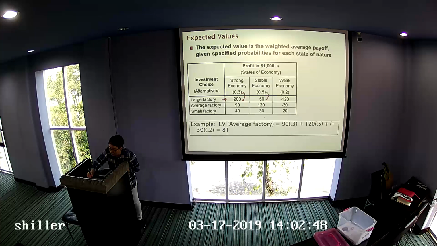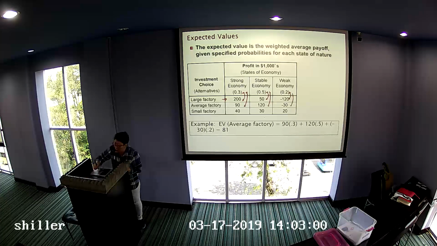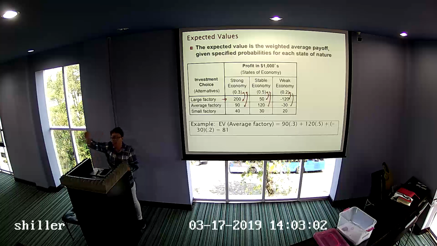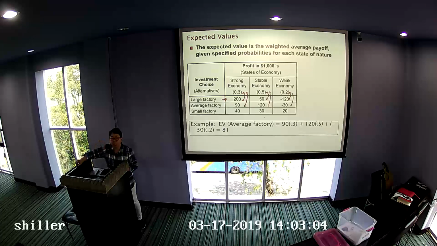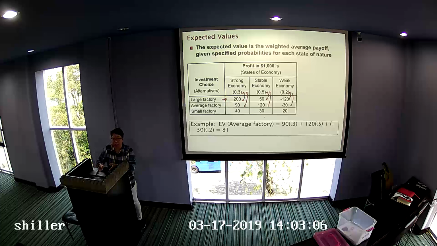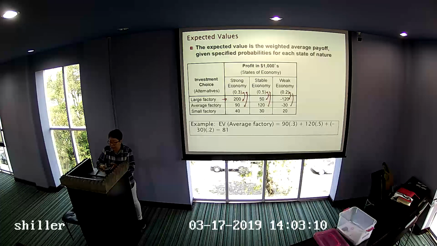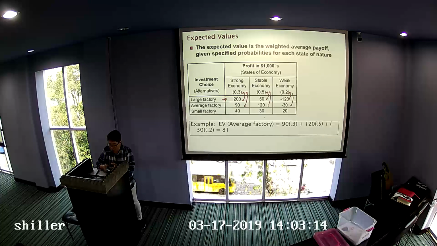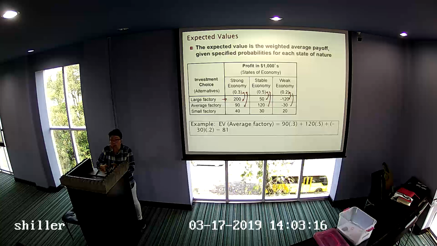You understand? Okay, and then average factory, you calculate, you understand? Probability and the outcome. Once you have that, for every option, you have to calculate the total EV. So if you do that, can you tell me which factory would you make? Which one will give you the highest EV?